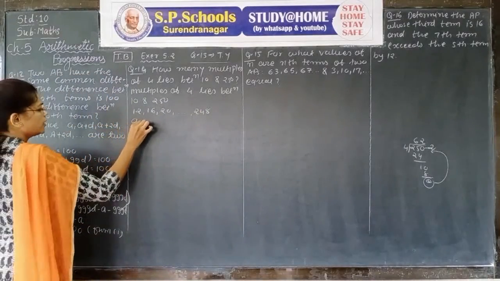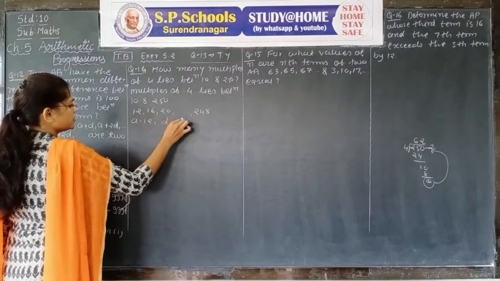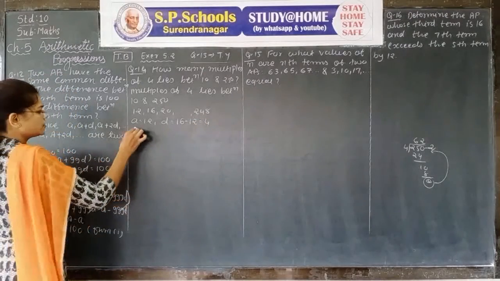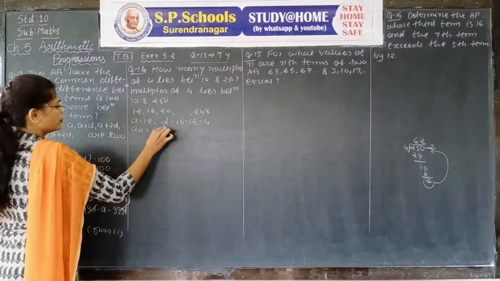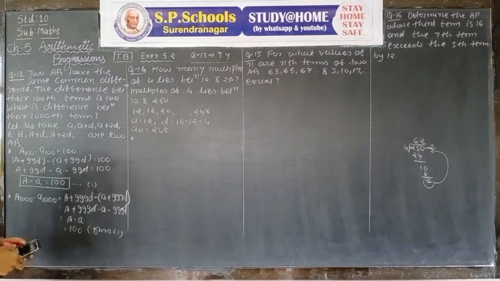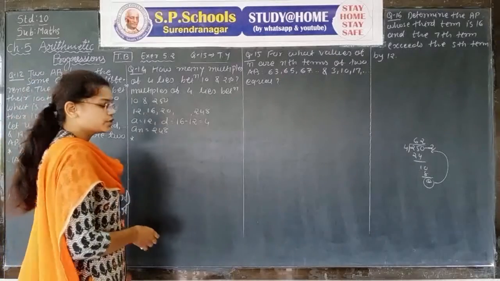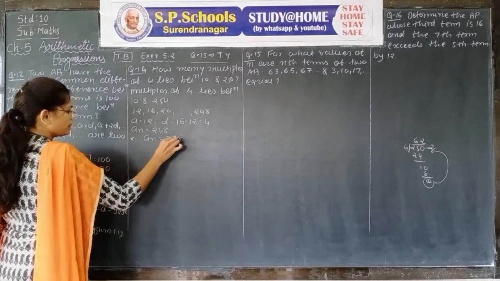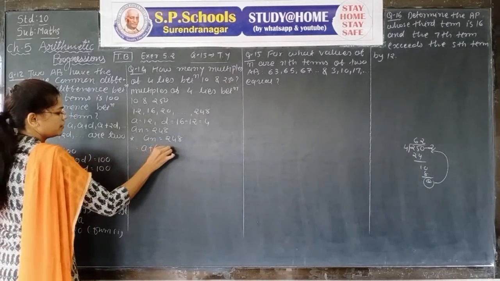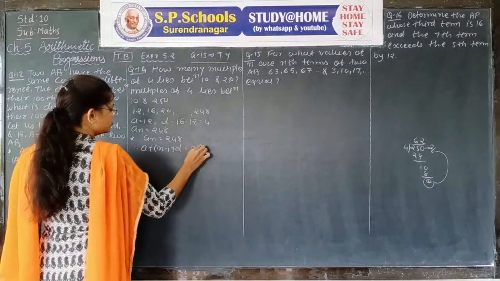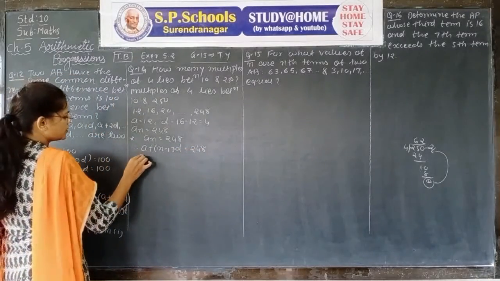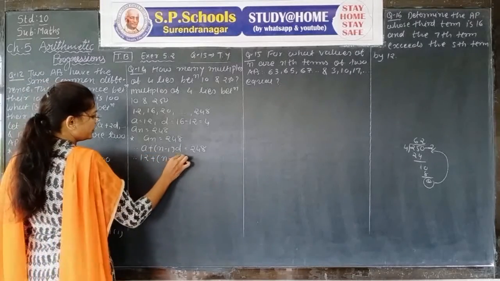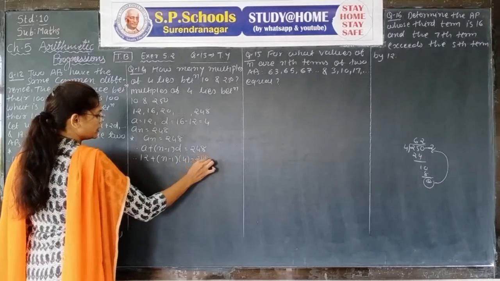Here the first term A is equal to 12. The common difference D is 16 minus 12, which is equal to 4. We know the last term AN is equal to 248. We need to find how many multiples, that means the number of terms in this finite AP. Use AN equal to A plus n minus 1 into D, equal to 248, where first term A is 12, plus n minus 1, and common difference D is 4, equal to 248.